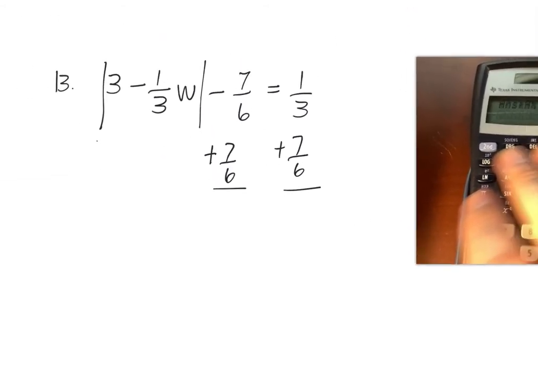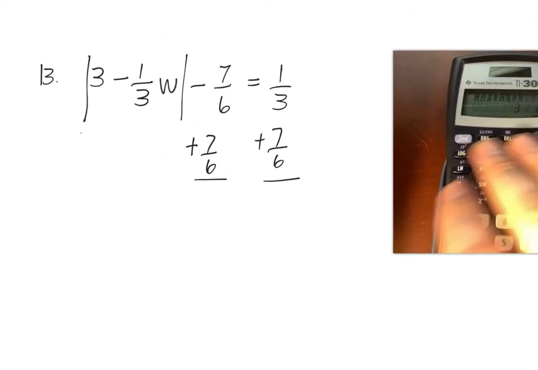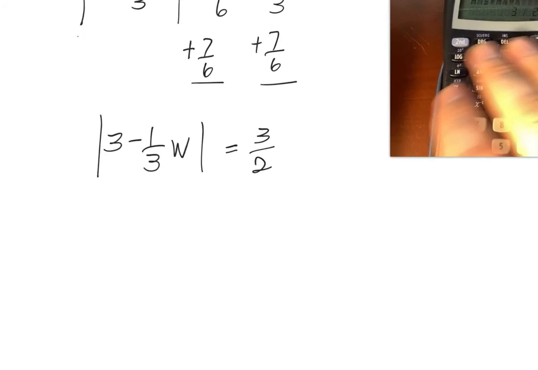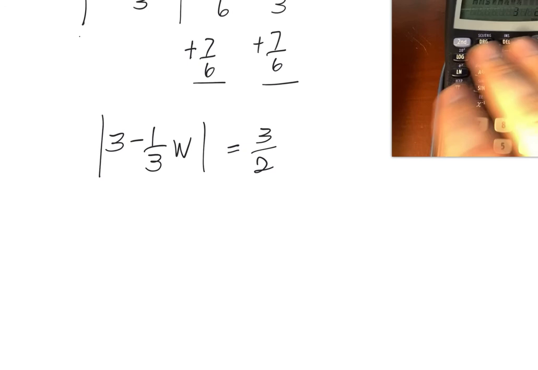So I can say 3/2 equals the absolute value of 3 minus 1/3 W. So the absolute value is isolated on one side. It's completely by itself. Now I'm ready to write the inside down.